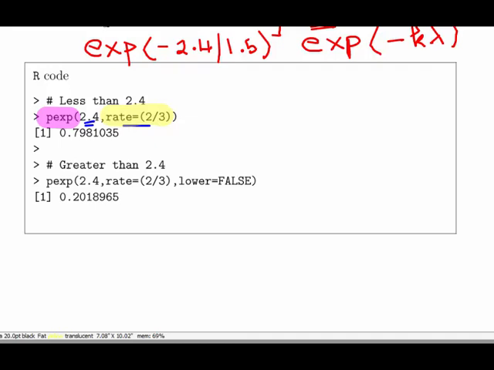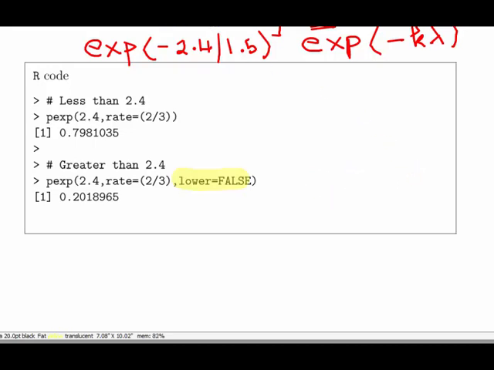This command is the cumulative distribution function, so it asks for the probability of less than 2.4. If I want the complement, I specify lower equals false. This gives us the probability of x greater than k, which is the question we're being asked.